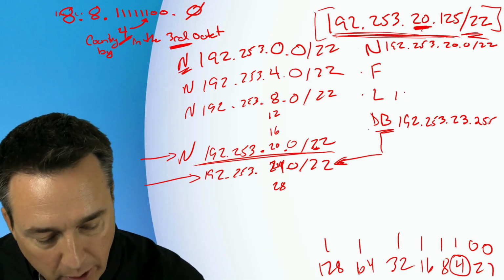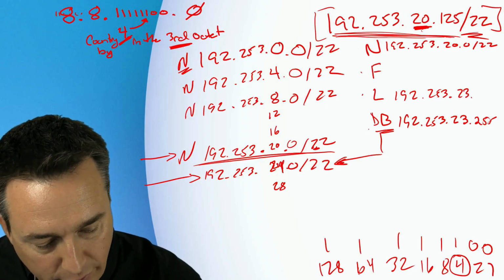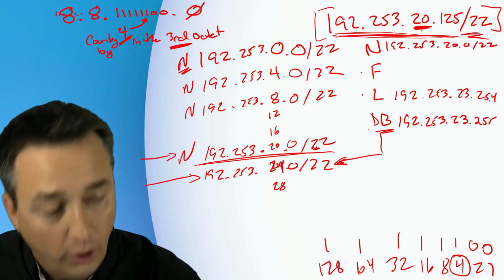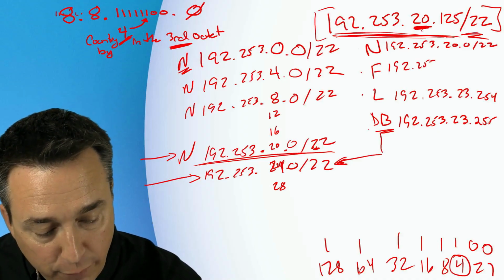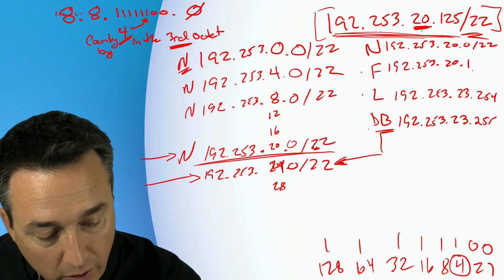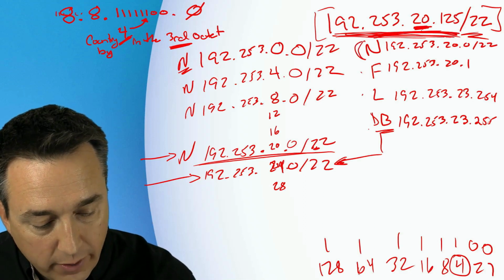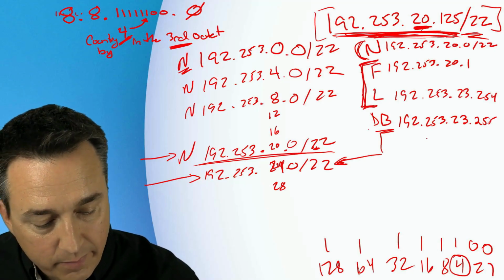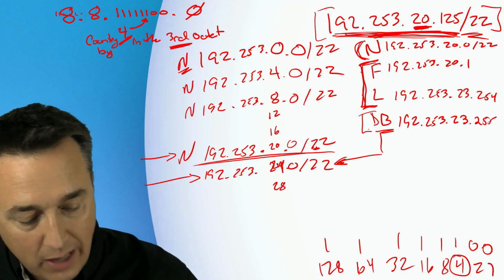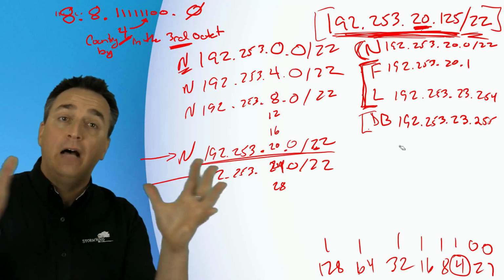So the last usable is 192.253.23.254. And then the first is 192.253.20.1. So this address lives in this network with all of these other addresses, and that's their directed broadcast address. And there you go, without using a calculator.